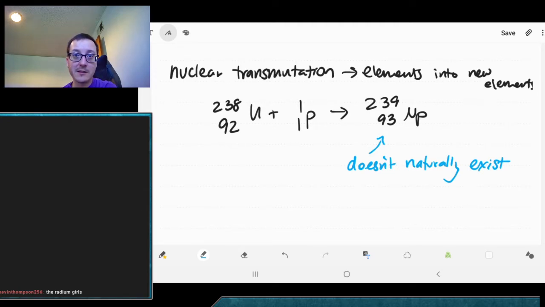None of those elements naturally exist. We can make individual atoms of them that exist for fractions of a second, but we can make them. So a lot of these things, we don't ever really deal with them because they don't exist normally, so they don't really have uses for us, and they're also terribly unstable, so they're going to decay. But it's still cool to be able to make new elements, right?